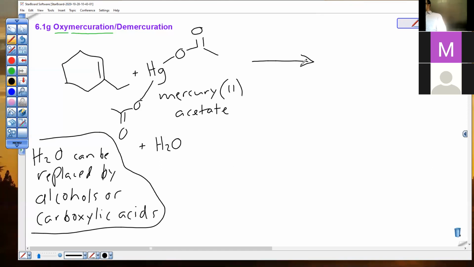The top two are oxygen and fluorine. So oxygen is more electronegative than mercury. We expect to see it on the more substituted carbon. Why? Because it's triangle day, and it will be in the form of OH, much like it was before. More substituted carbon, and the mercury will be on the less substituted carbon.